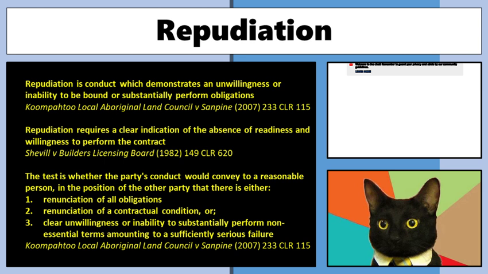All right, so this idea is that they're either not doing all of what they said they're going to do, or they're unwilling or unable to do a contractual condition. In other words, a major term, major promise. They're not going to keep that up. Or they've got an unwillingness and inability to perform, or substantially perform, a whole bunch of small things in relation to the contract.